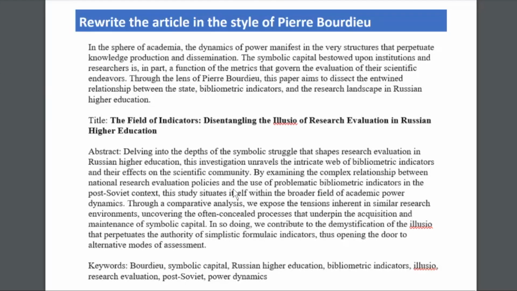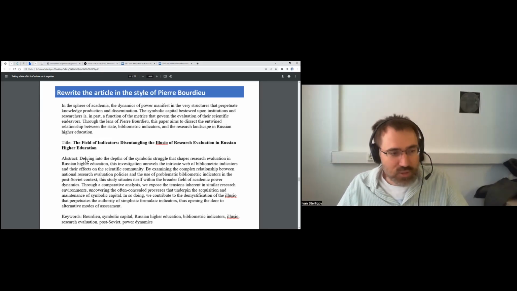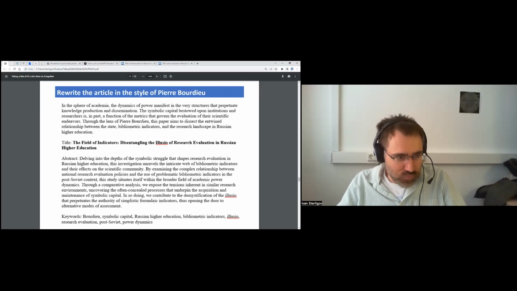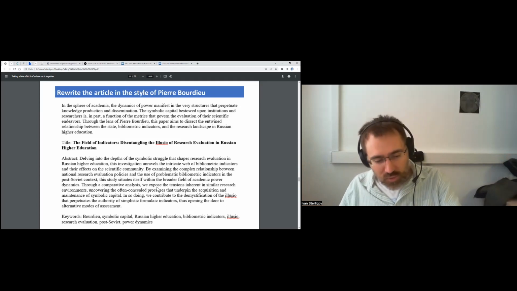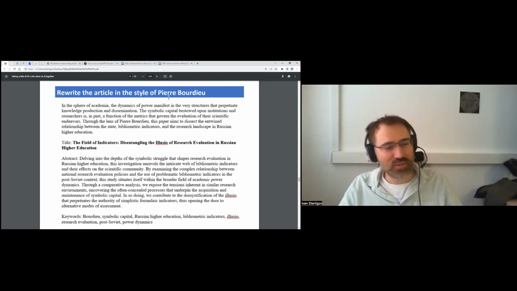But the language is changed dramatically: delving into the depths of the symbolic struggle that shapes research evaluation, complex relationship, problematic academic power dynamics, and so on. That's a new viewpoint, and it could be achieved with this simple prompt.